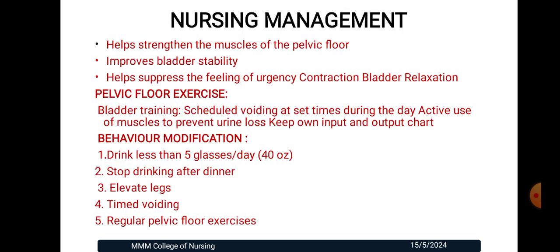Coming to the nursing management: help strengthen the muscles of the pelvic floor, improve bladder stability, help suppress the feeling of urgency contraction, bladder relaxation, pelvic floor exercises, bladder training, scheduled voiding at a set time during the day, active use of muscles to prevent urine loss, keep own input and output chart. Behavior modification: drink less than 5 glasses per day, stop drinking after dinner, elevate the legs, timed voiding, regular pelvic floor exercise.